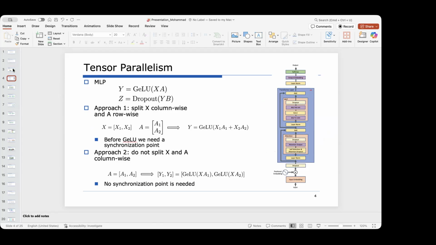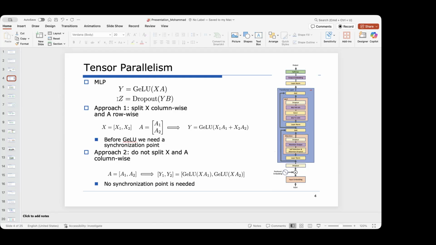So let's say you have a matrix multiplication. I hope you see my cursor. We have X times A, it goes through a nonlinearity, then through a dropout. Then we have another multiplication that goes through dropout and output. How can we effectively parallelize this?